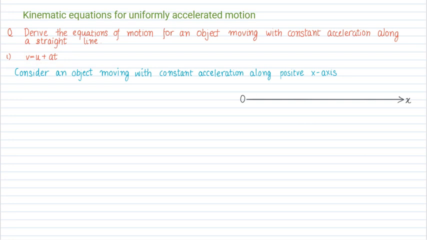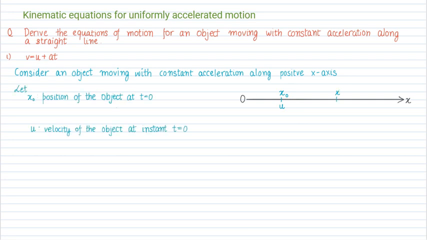Now consider an object moving with a constant acceleration along a positive x-axis. Suppose here I have drawn your x-axis. Now consider at time t equals 0, this is the position of the object, and let us say it is moving with some velocity small u.